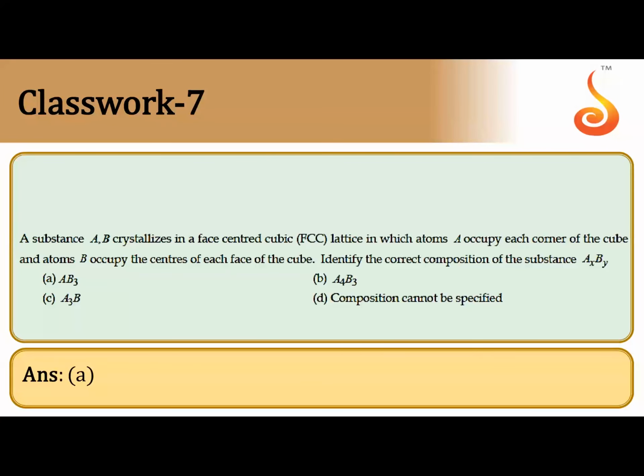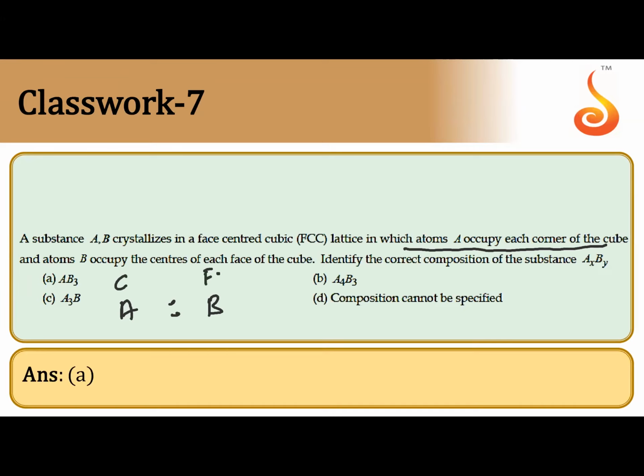Next question. Substance AB crystallizes in a face-centered cubic lattice. Atom A occupies each corner of the cube, and atoms B occupy the centers of each face of the cube.